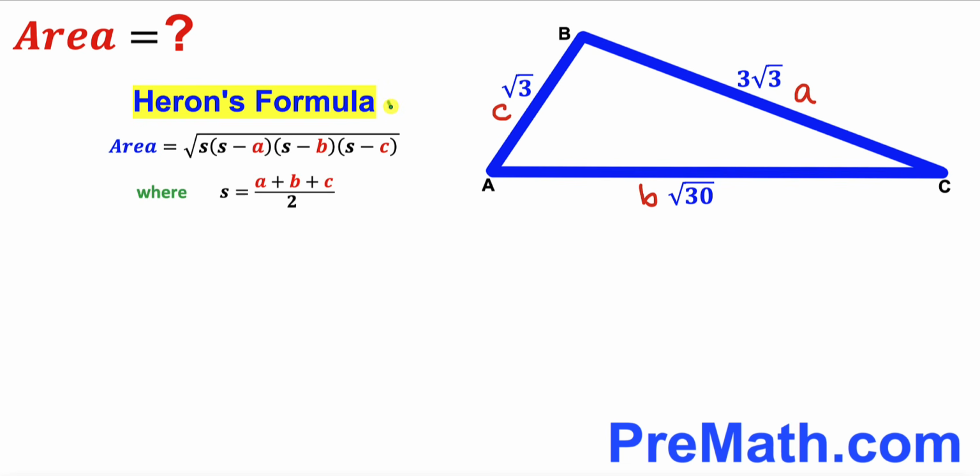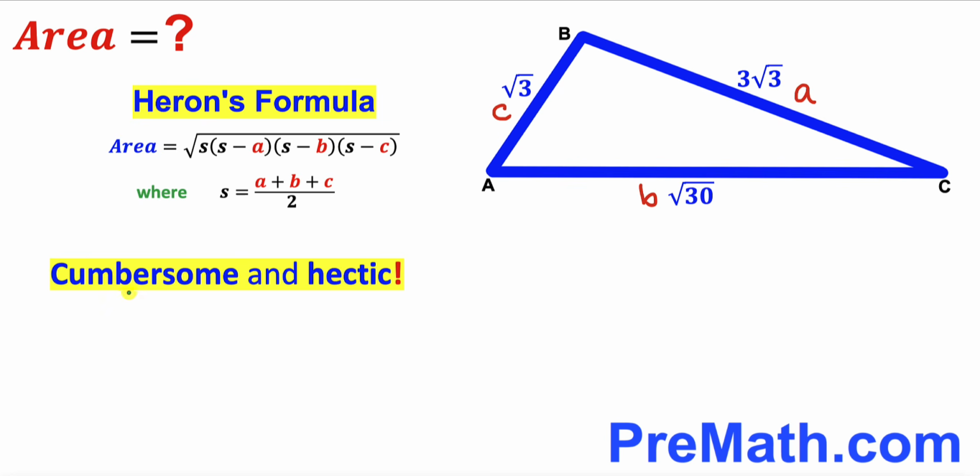Then we can utilize Heron's formula to calculate the area of triangle ABC. The area formula is the square root of s times (s minus a) times (s minus b) times (s minus c), where s equals (a plus b plus c) over 2. So no wonder lowercase s is also called the semi-perimeter.